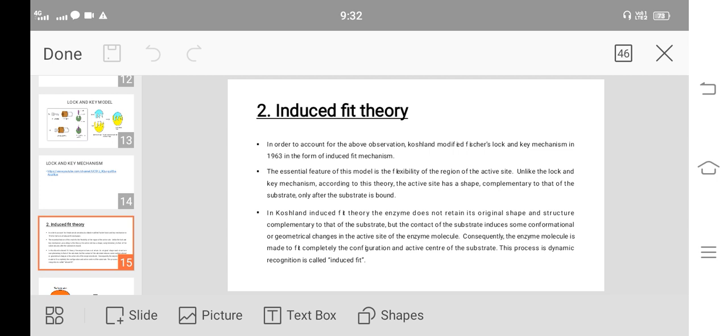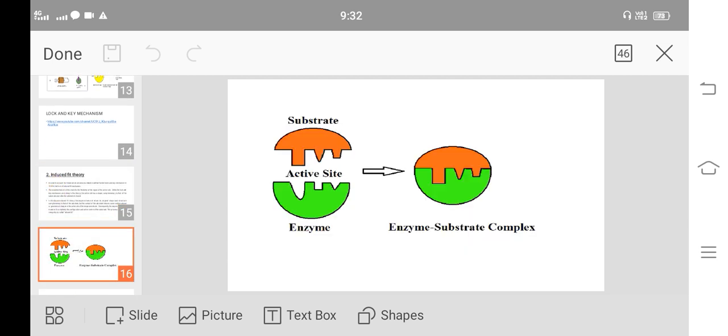Consequently, the enzyme molecule is made to fit completely the configuration and active center of the substrate. This process is dynamic recognition, so it is called induced fit.